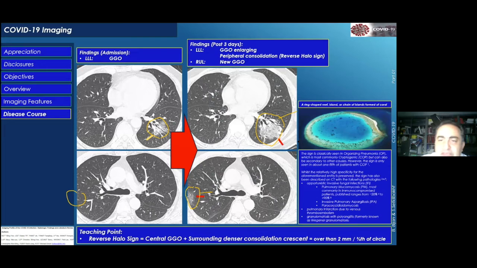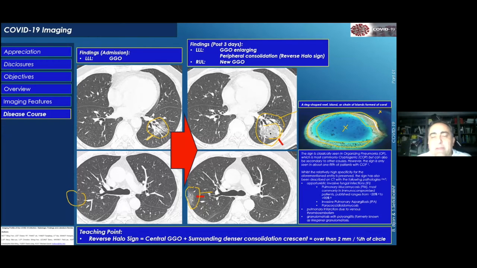This is a nice example of the atoll sign. Atoll sign is like a coral reef. Basically, this is the lake, this is the ocean, and this is your crescent shape or round shape coral reef, which separates the lake from the ocean. Same thing here. You have this consolidation in the periphery, which separates this ground glass opacity from the periphery of the lung.